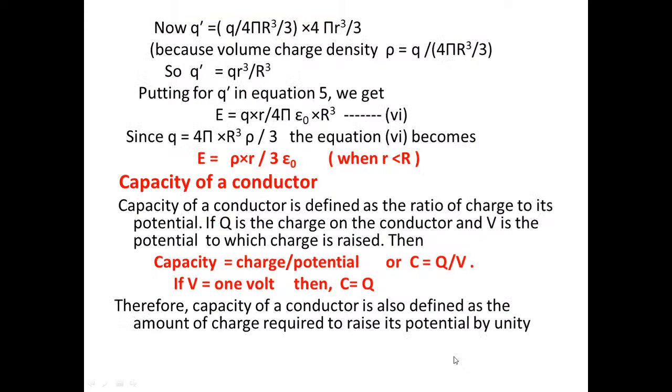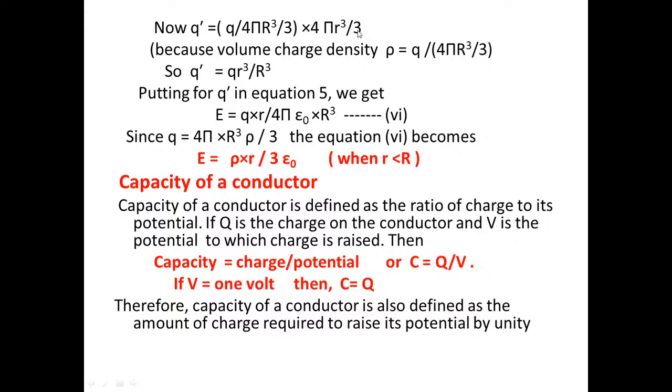Now q dash will be equal to the volume charge density into the volume of the Gaussian surface. The volume charge density is q upon 4 by 3 pi R cube, into the volume of the Gaussian surface, which is equal to 4 by 3 pi r cube. So q dash will be equal to q small r cube over R cube.